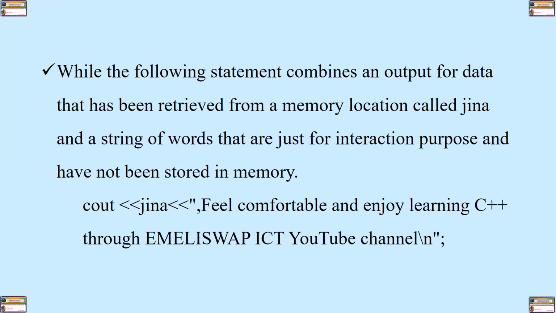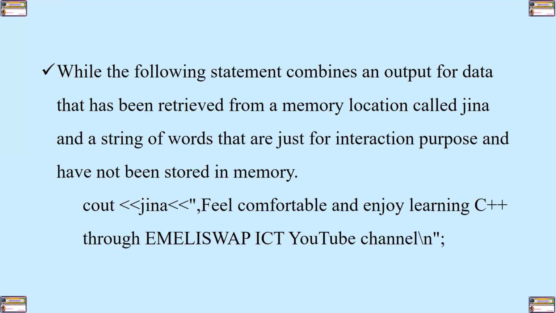Pick what is on the right and display it on the left. That means pick the content of memory location called Gina, whatever that has been stored there, display it, followed with the message, feel comfortable and enjoy learning C++ through Emily Swap ICT channel, and then move the cursor one line below.